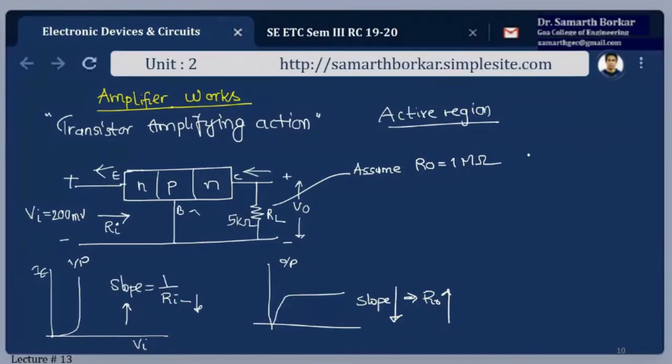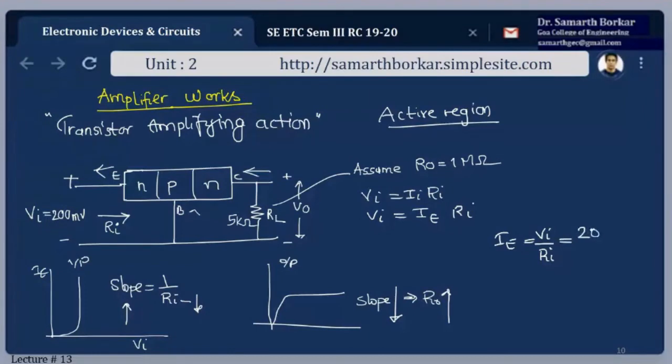Now check out the output voltage. In case of input voltage, Vi equals Ii into Ri, and we know that the input current in this particular case is the emitter current. So Vi equals IE into Ri. From this, I get the value of IE as Vi by Ri.